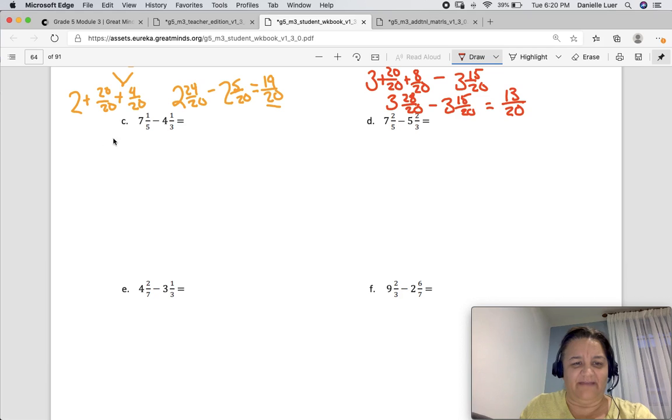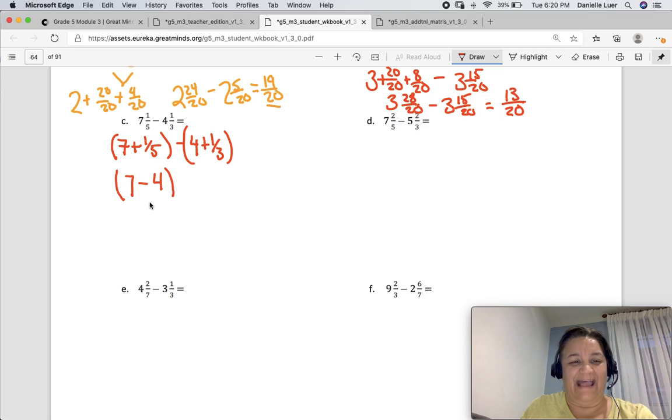Okay, we can think of this as 7 plus 1/5 minus 4 plus 1/3, right? And if we can do that, then we can move some stuff around here, okay? So I can go ahead and subtract 7 minus 4 and get 3.